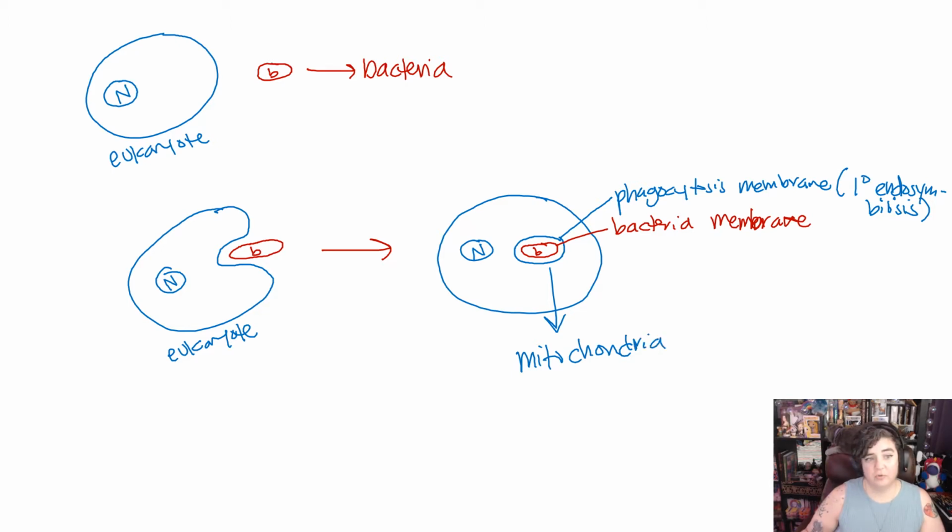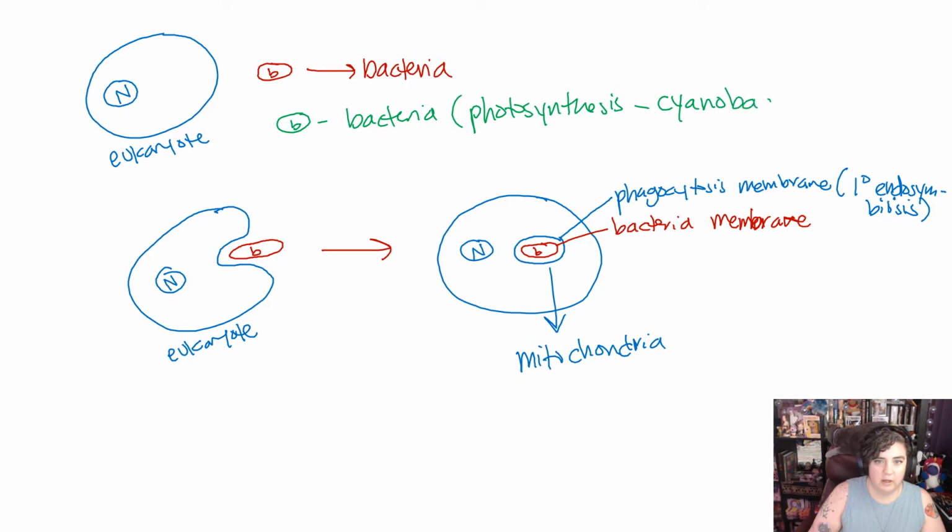We can draw this again in a different form, and instead of that bacteria being an aerobic bacteria that does cellular respiration using oxygen, that could also be a bacterium that does photosynthesis. Most likely it was a cyanobacteria, okay?